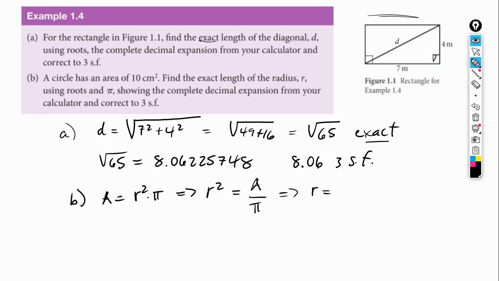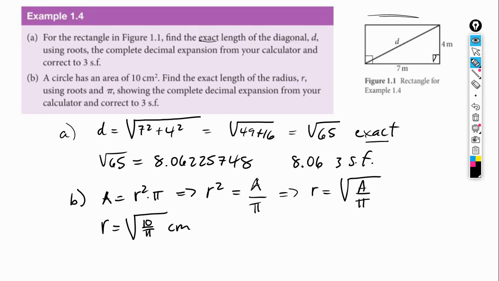So therefore, the radius would equal the square root of the area over pi. And in this case, they're telling us that the circle has an area of 10 centimeters squared. So what would be the exact length of the radius? Well, the exact length would be equal to square root of 10 over pi centimeters. Don't forget the units. So that would be the exact radius.